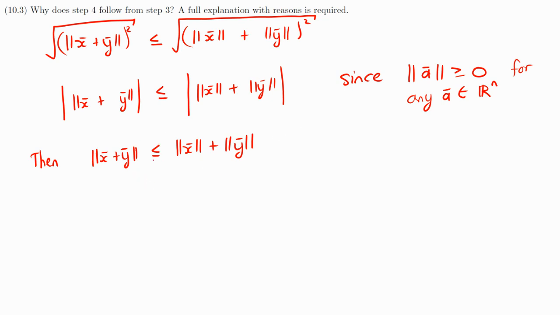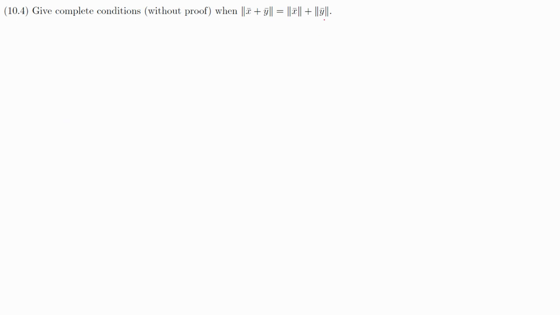But when is it actually just equal? It is equal when x is a scalar multiple of y, or y is a scalar multiple of x, for some alpha that is an element of R.